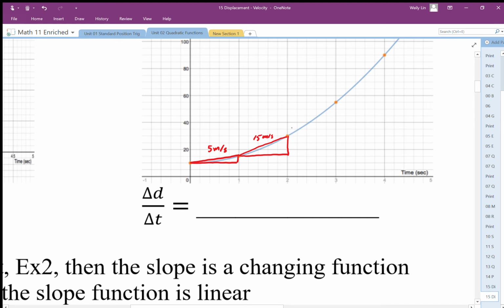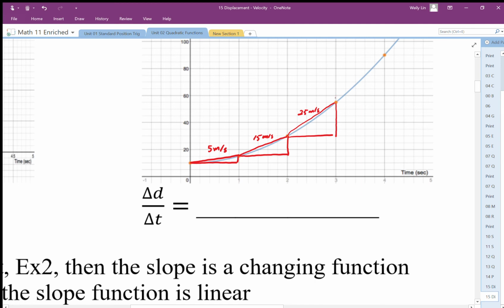This next section here looks like we are increasing 1, 2, 3, 4. It looks like it's gone to 25 meters per second. You can probably see the pattern: the velocity is changing in a linear pattern, going up by 10 meters per second.